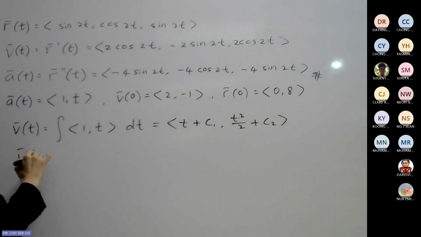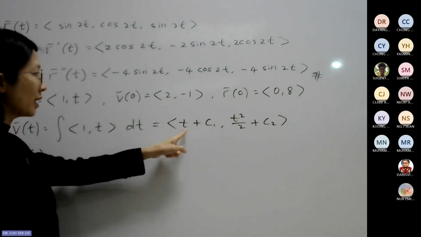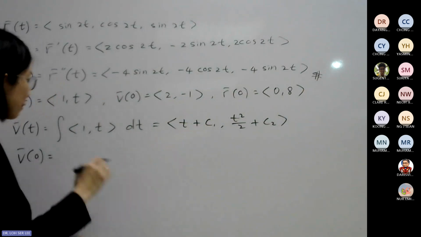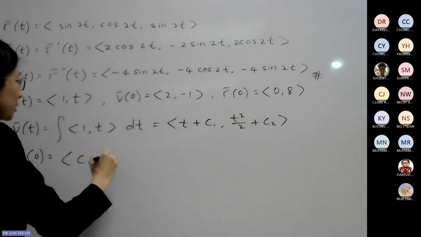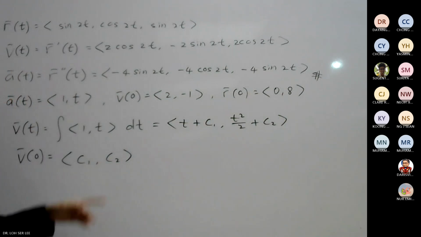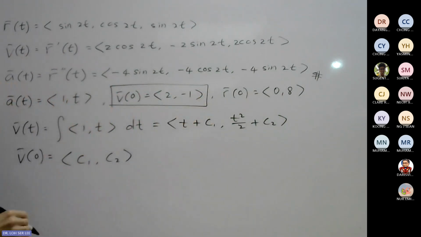Then you compute for the v0. When t is 0, you get 0 plus c1, which is c1, and 0 plus c2, which is c2. And the given v0 is (2, -1).